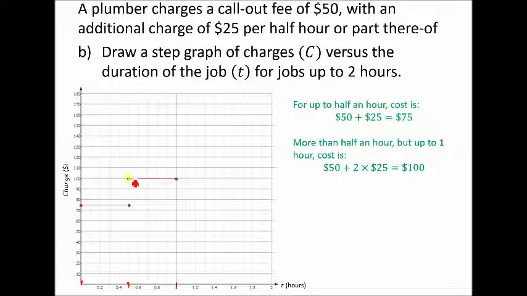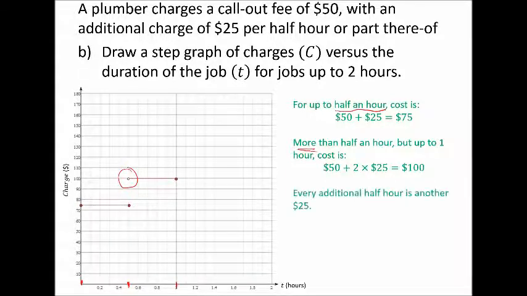Notice here that I've got an open circle there, because at 30 minutes, you're still only being charged $75, up to and including half an hour. But as soon as we get more, then the rate jumps up to $100. So it's incredibly important that we put that open circle there.